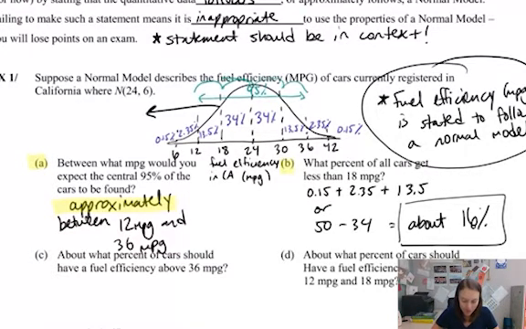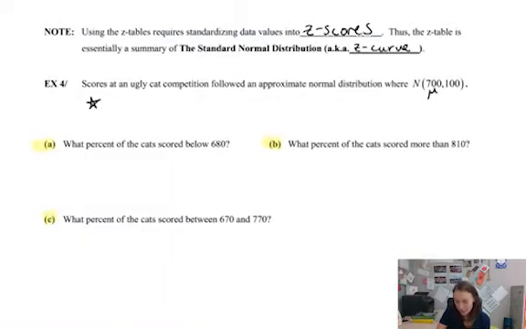Example 4: scores at an ugly cat competition followed an approximately normal distribution, where, and then we've got that format here, we have a mean of 700 and a standard deviation of 100 for those scores at the ugly cat competition. So before we do anything, we need to make our statement that verifies that this is a normal distribution.